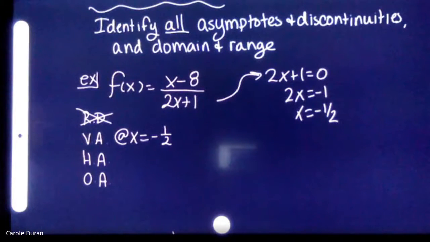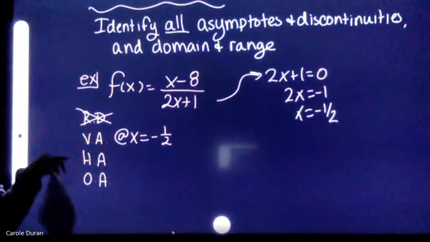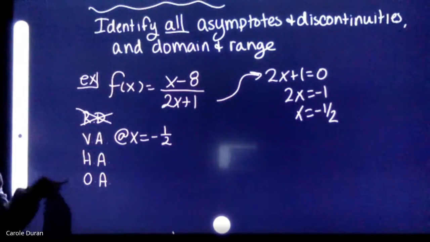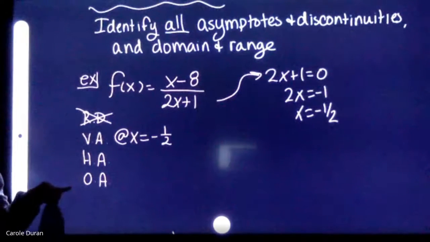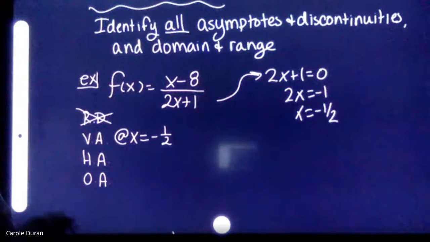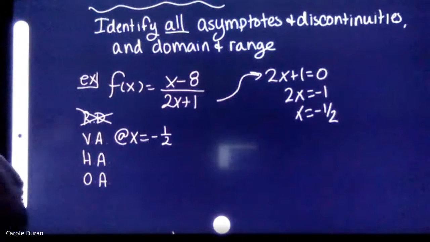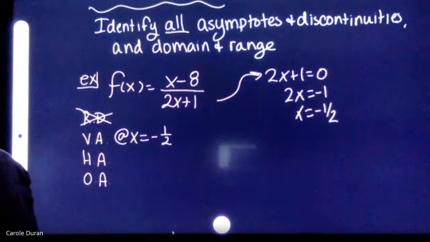After the vertical, I move into my horizontal asymptote. I will either have a horizontal or I will have an oblique. I will never have both. When we look for horizontal or oblique, I need to check the degree of my numerator and the degree of my denominator. Again, those are the highest exponents.